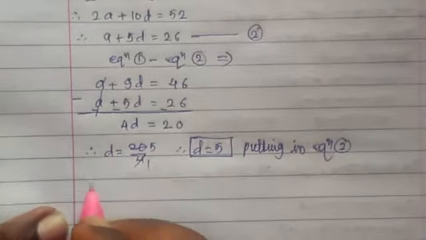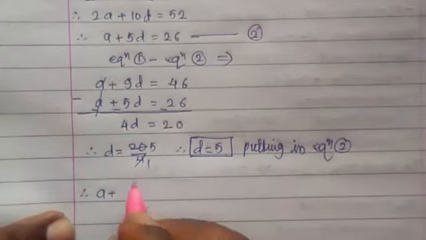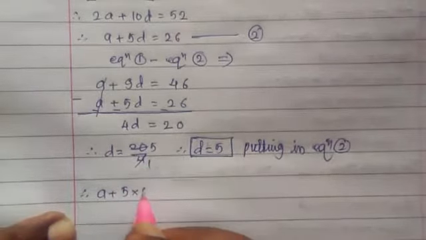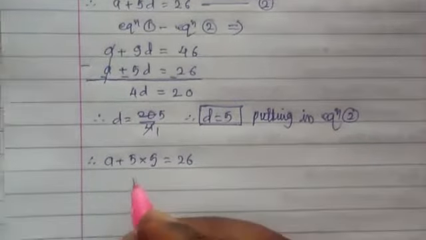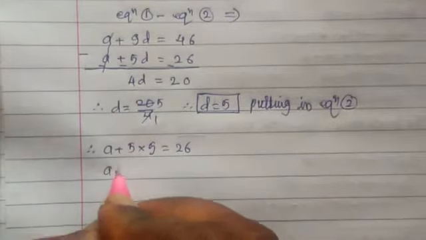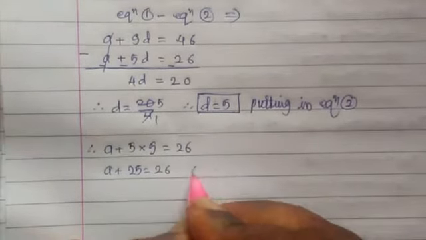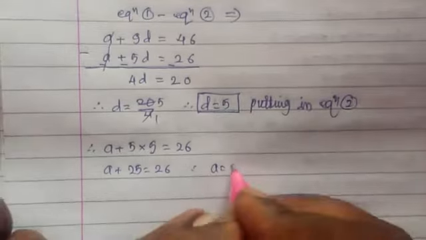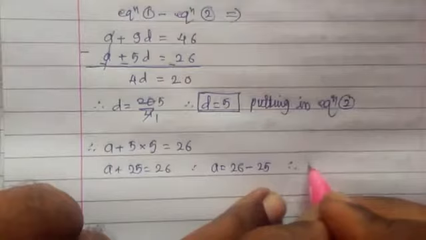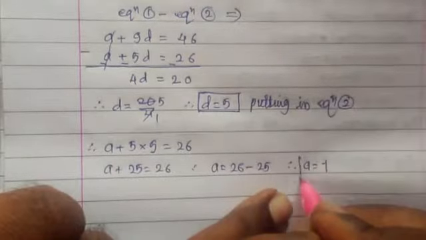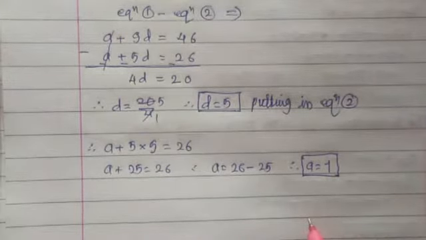Then we get the second equation: A plus 5D, 5 into D means 5, which is equal to 26, and hence A plus 5 5s are 25 is equal to 26, and hence A is equal to 26 minus 25, and hence here A is equal to 1.